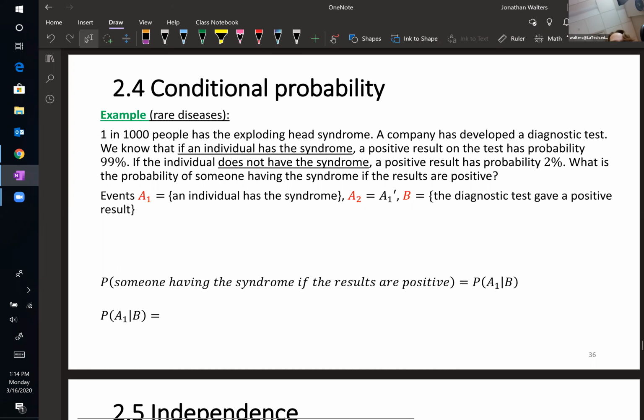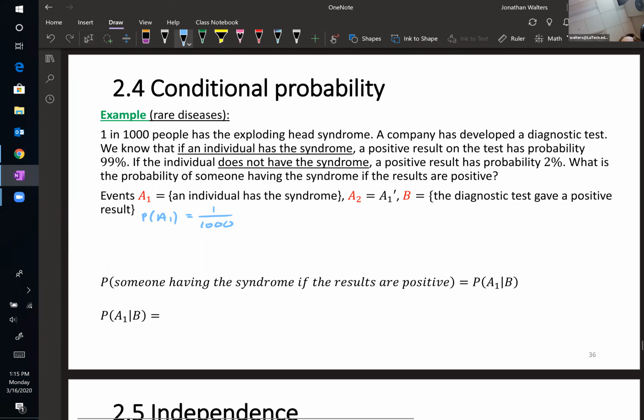So let's see. Quite a lot to take in here. They're going to define some events here. Event A1 is the event that an individual has the syndrome. So what is the probability of A1? We should be able to get that. Well, probability of A1 is 1 out of 1,000, right? 1 out of 1,000 people do have the syndrome.